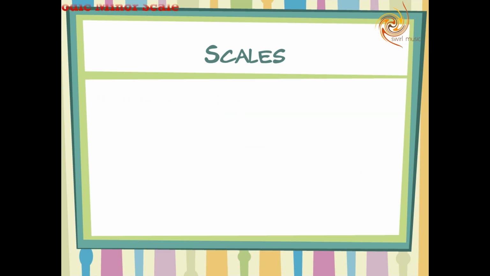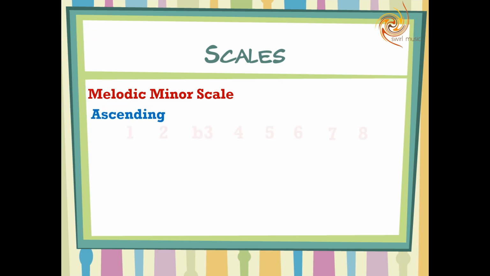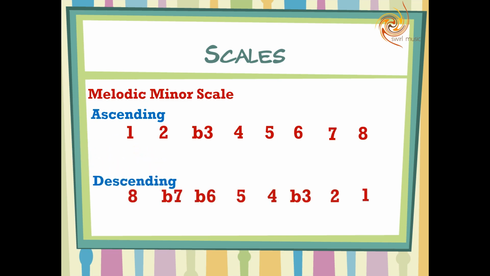In the melodic minor scale, the notes of ascending and descending are different. In ascending, we will have 1, 2, flattened 3, 4, 5, 6, 7, 8. And descending, 8, flattened 7, flattened 6, 5, 4, flattened 3, 2, 1.